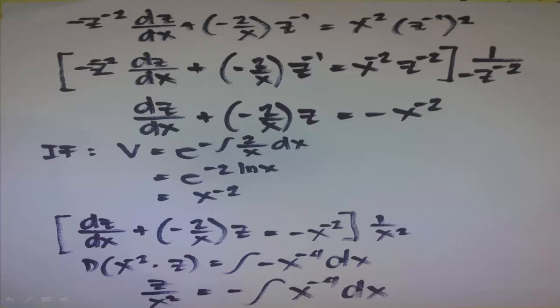Now by substituting those given values, you will have your new equation, which is -z^(-2) dz/dx + (-2/x) z^(-1) = x^(-2) (z^(-1))^2.